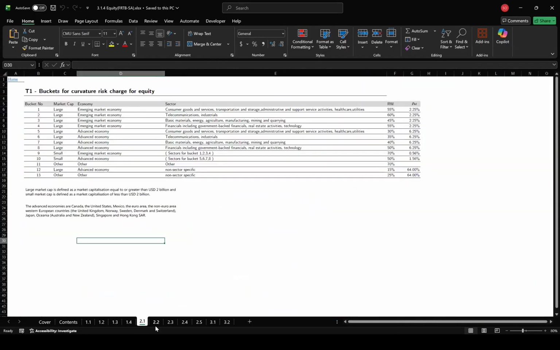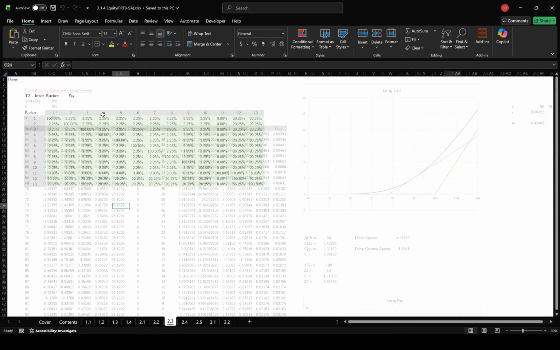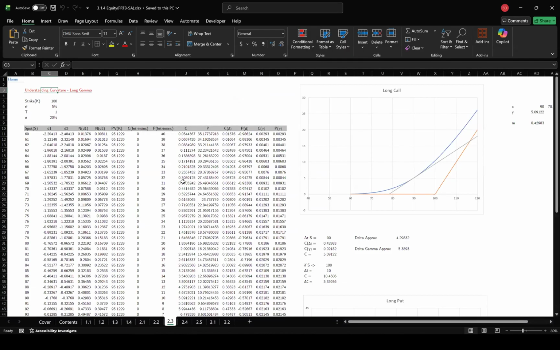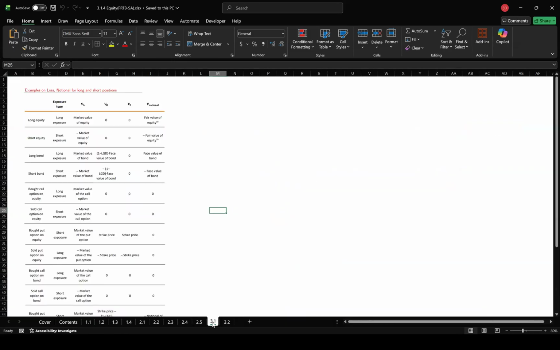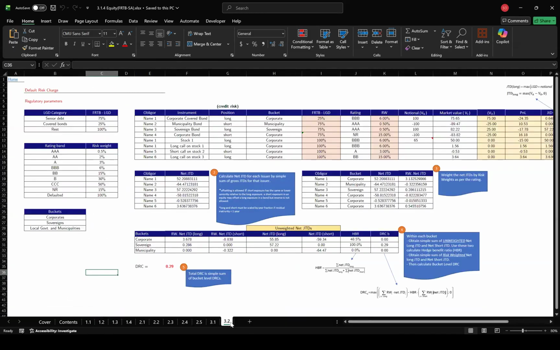Okay. Similarly, curvature risk charge. For that, you need to understand the concept of long gamma and short gamma. And here is the calculation for curvature charge. Then we have DRC, default risk charge calculations.